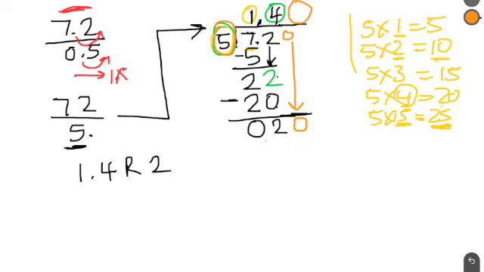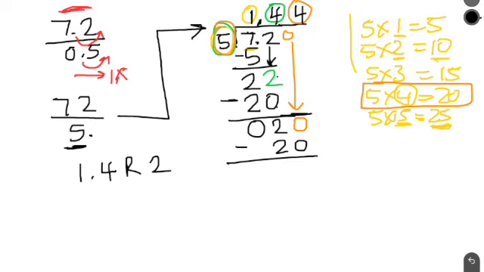If we look at our times table, we see that that number is going to be 4, because 5 times 4 is 20. So we see that this is going to equal 0. And so another way of writing our answer would be 1.44.